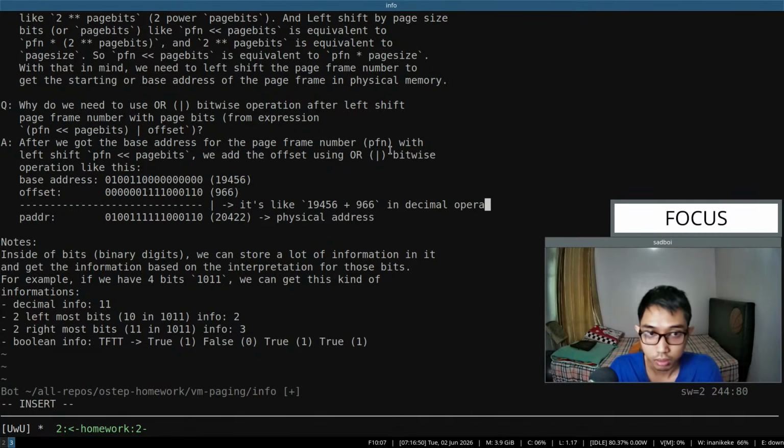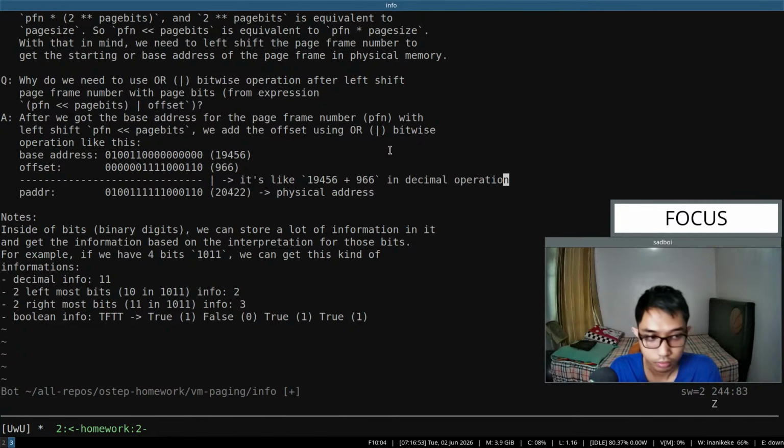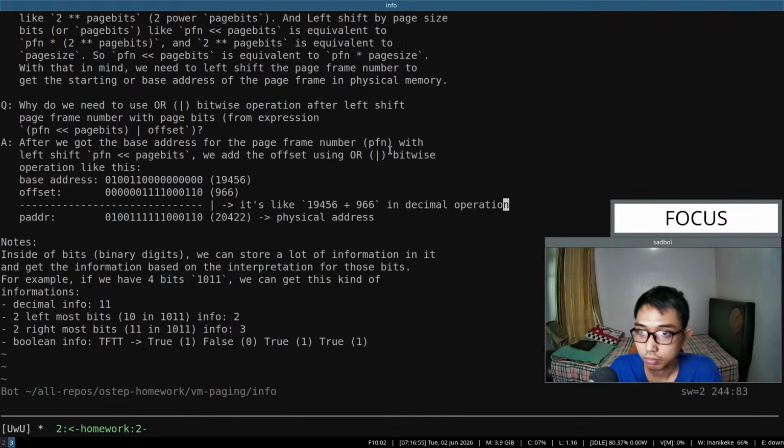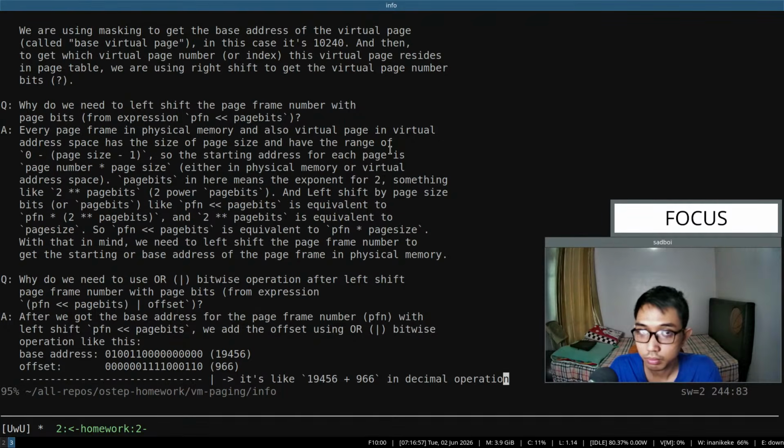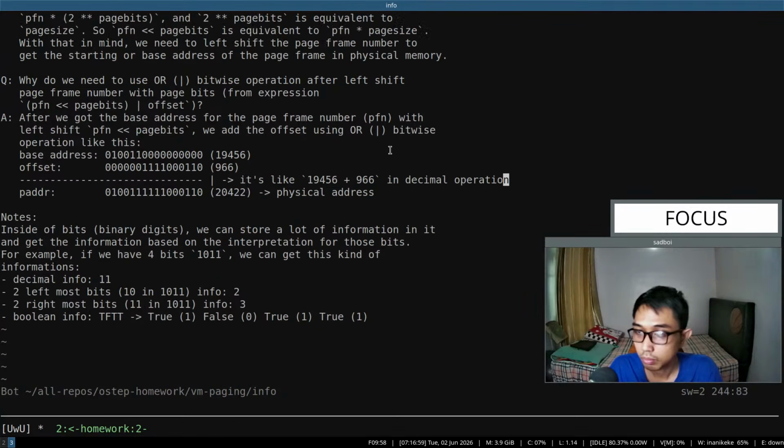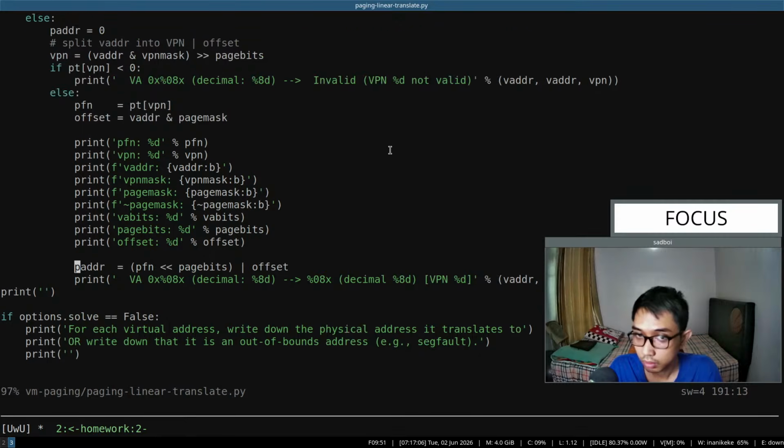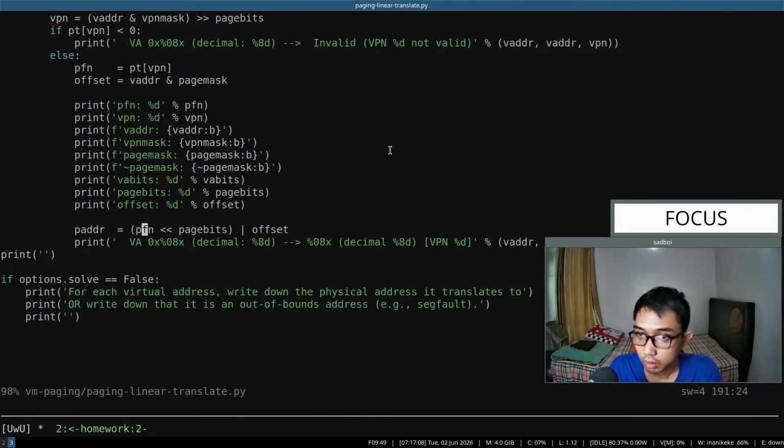In decimal operation is what happened here.